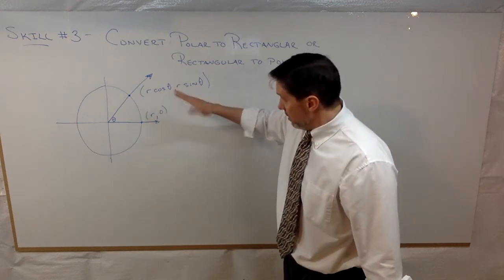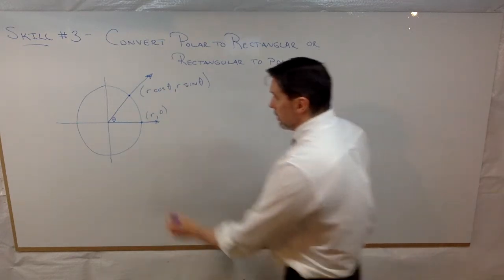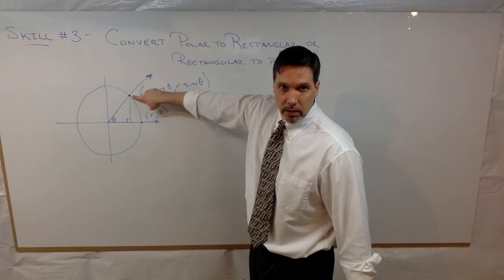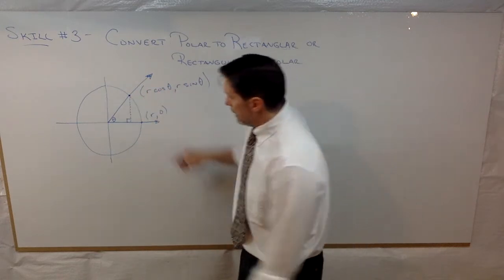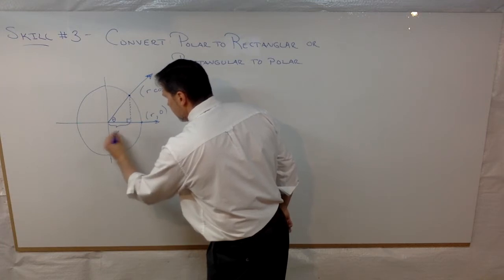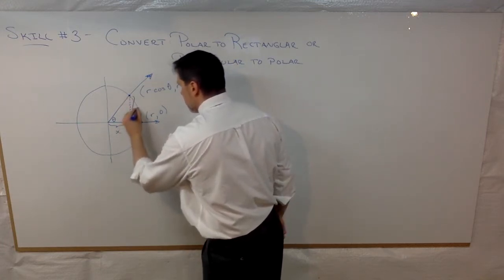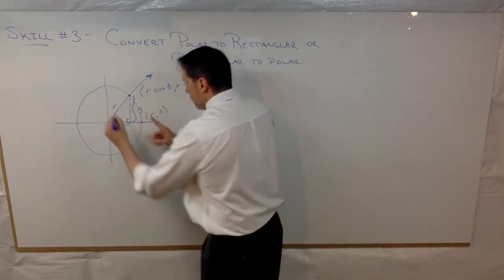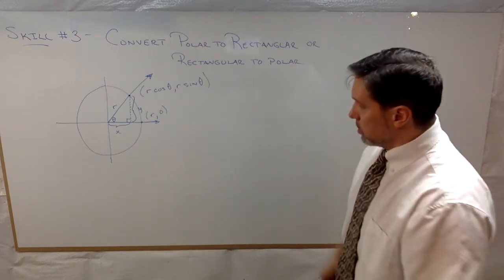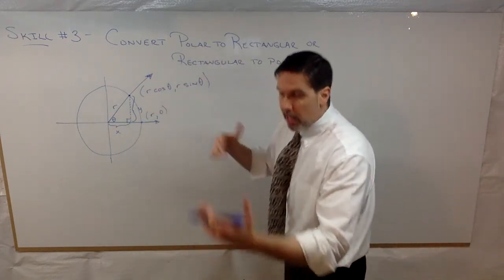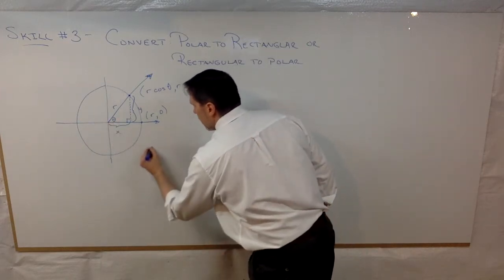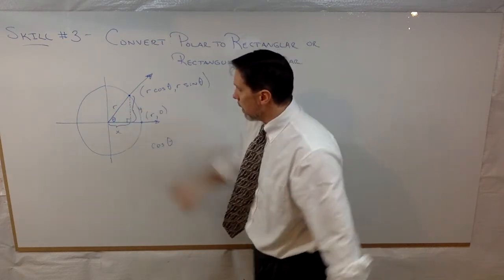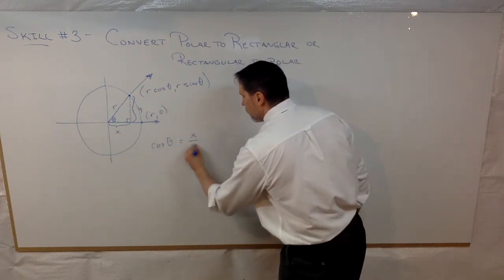That's the x-coordinate, and that's the y-coordinate. Now, how we justified that, if you recall, is we would draw a simple right triangle. This point right there has an x-coordinate and a y-coordinate. Its x-coordinate is that, its y-coordinate is that, and of course, the hypotenuse is the radius of that circle. So, if I set up a simple cosine or sine ratio, let's take cosine. What is the cosine of theta? Cosine of theta is adjacent over hypotenuse, in other words, x over r.